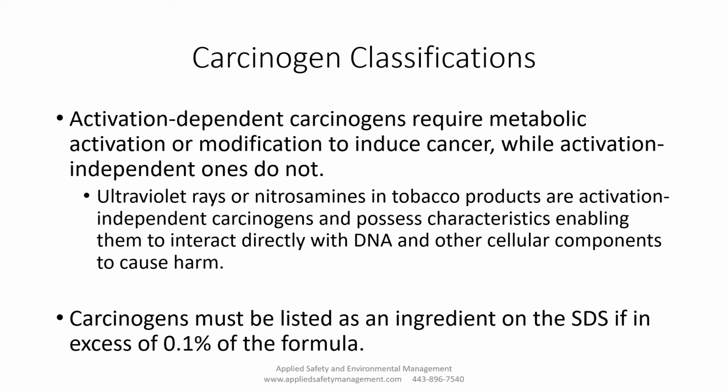Switching gears some, when we look at the SDS sheet, anything that is a carcinogen and is in excess of 0.1% of the formula has to be listed on the SDS sheet, which means that in theory, as long as it's under 0.1%, it can be a carcinogen and not listed on the SDS.